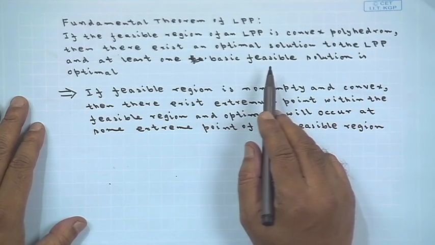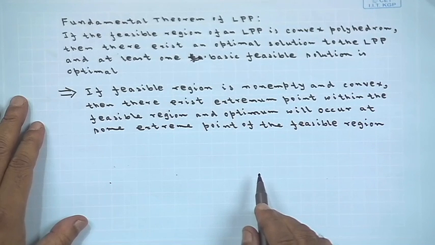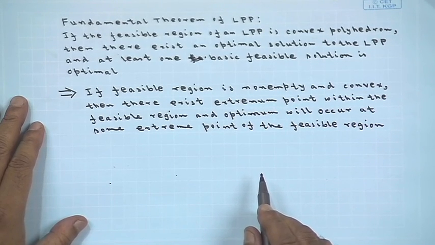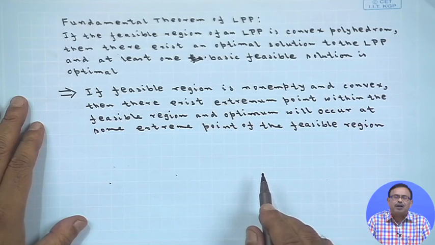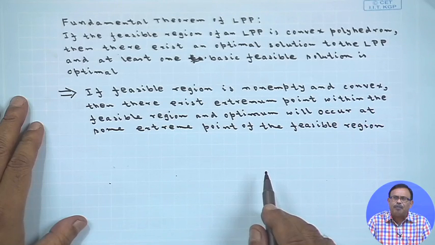So, in other sense, this theorem says that if I can show that the feasible region of the LPP is a convex polyhedron, in that case you will obtain an optimal solution and at least one of the basic feasible solutions will be optimum. If the feasible region is non-empty and convex, then there exist extreme points within the feasible region and the optimum will occur at some extreme point of the feasible region.